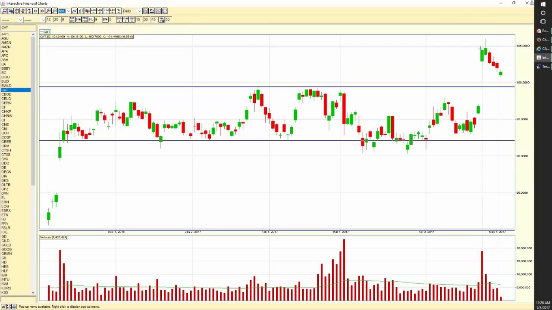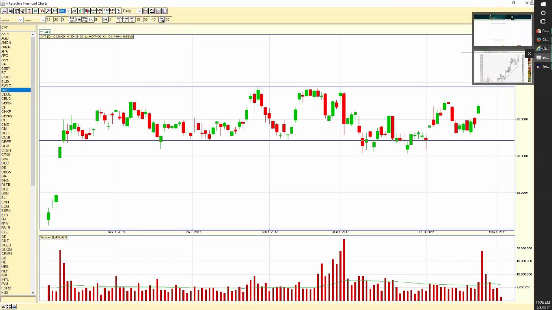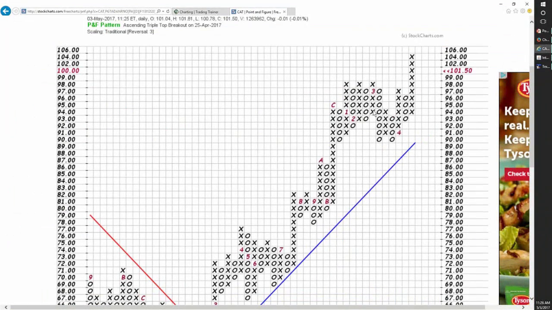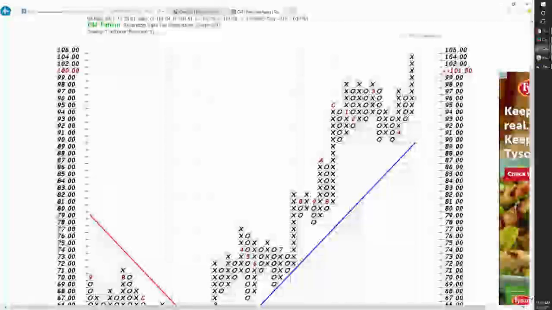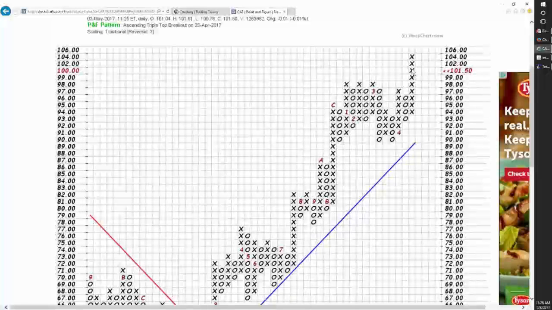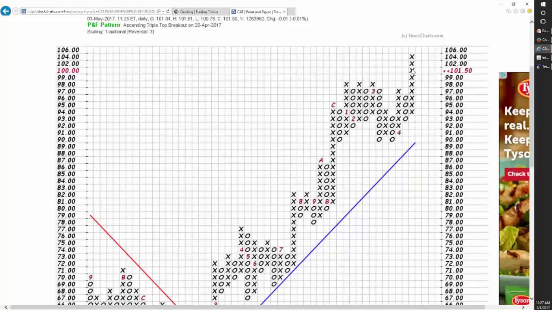We've got a high, a low, an open and a close. With our point and figure charts, each column represents the amount of time since we've been seeing the last reversal, the last top, the last bottom.